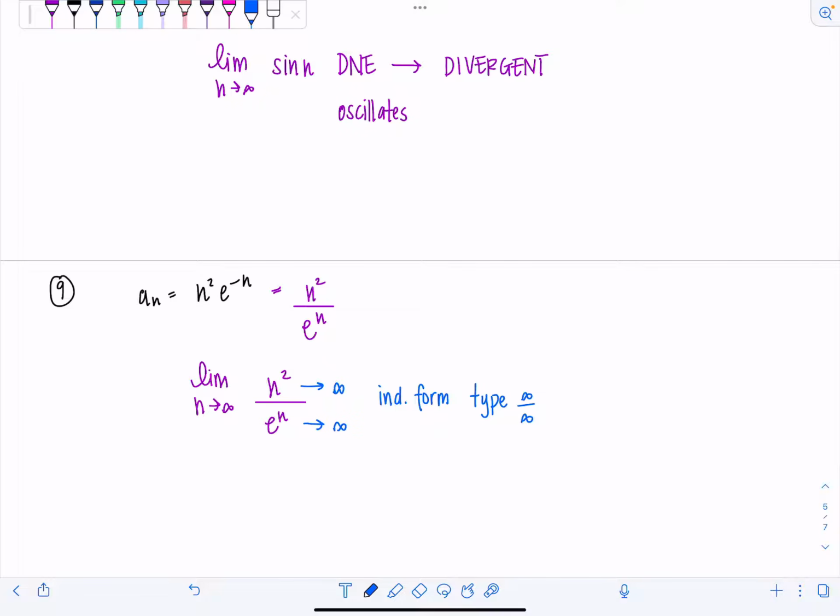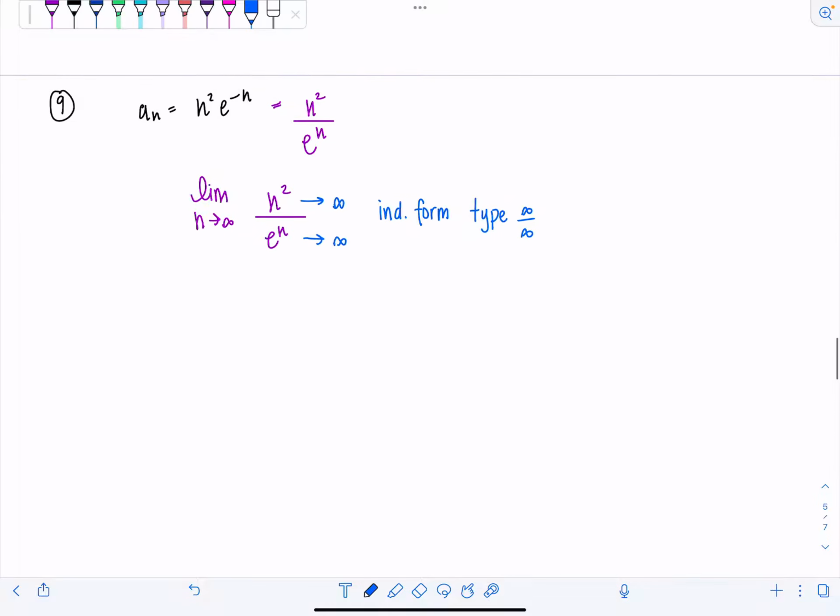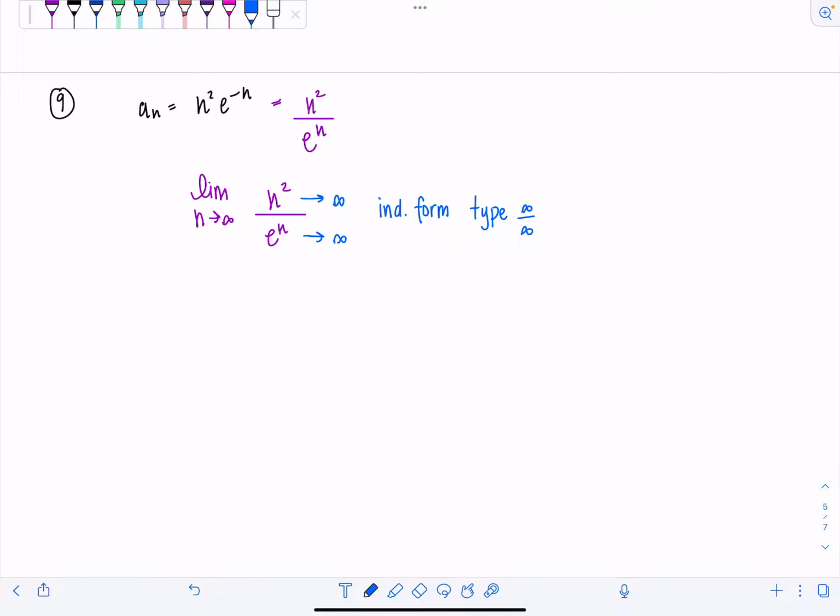So it would be a beautiful moment to apply L'Hopital's rule if only we were dealing with differentiable functions, and we're not. Sequences are definitely not differentiable. So what do? Well, you're a precise mathematician, and you say, let f of x equal x squared over e to the x. I'm just swapping out n's for x's. This is going to be a differentiable function.